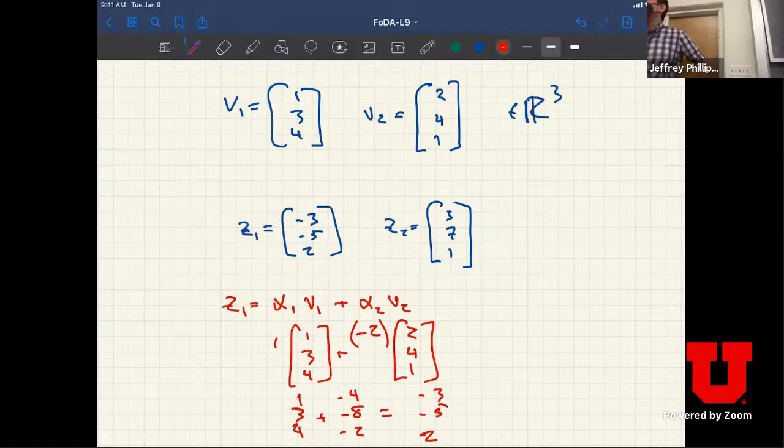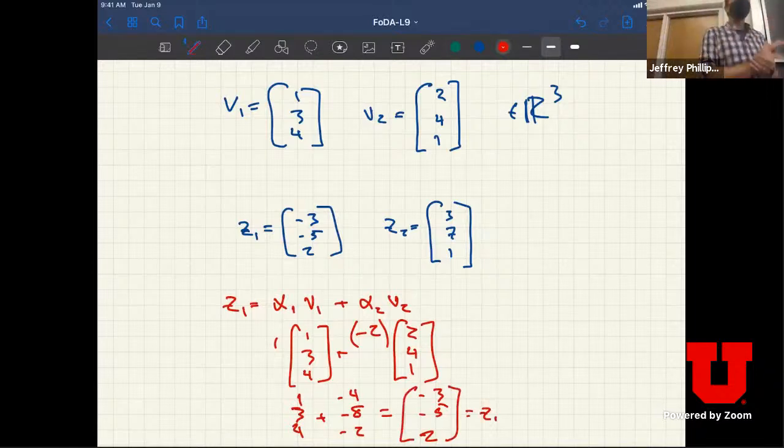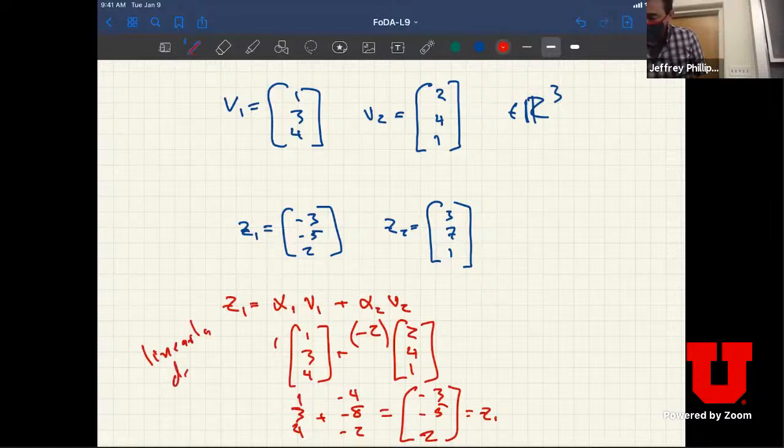Oh, great, that works. So I get back -3, -5, 2, and this is exactly Z1. Great. So Z1 is linearly dependent on V1 and V2.